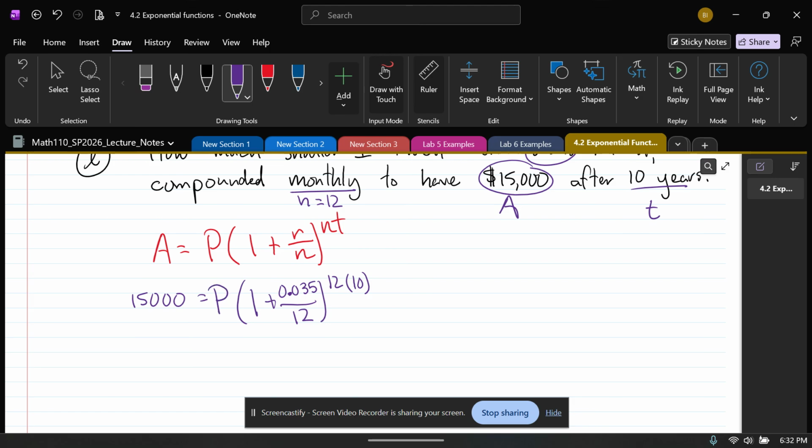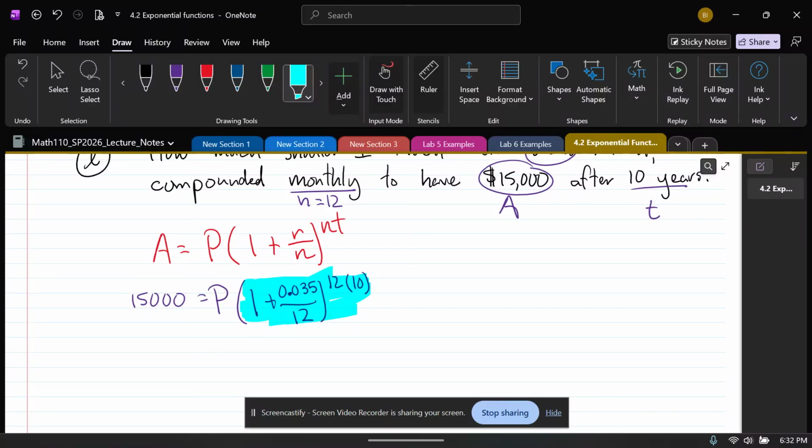P is the thing I'm missing. I'm missing the principal investment. That's what I want to know. How much money do I need to stash away in this account that's drawing 3.5% interest? Okay, so I'm gonna find that. So this stuff over here, that's just a number.